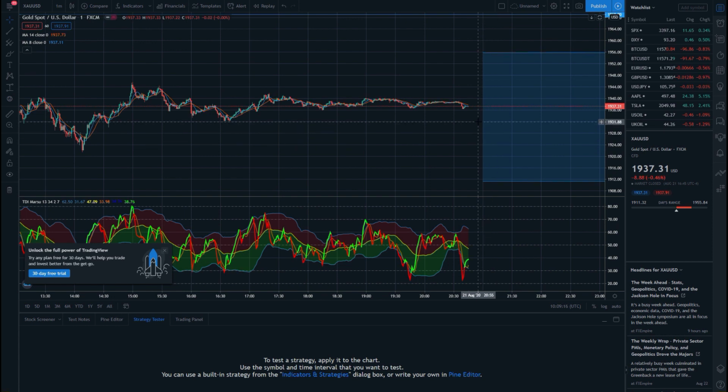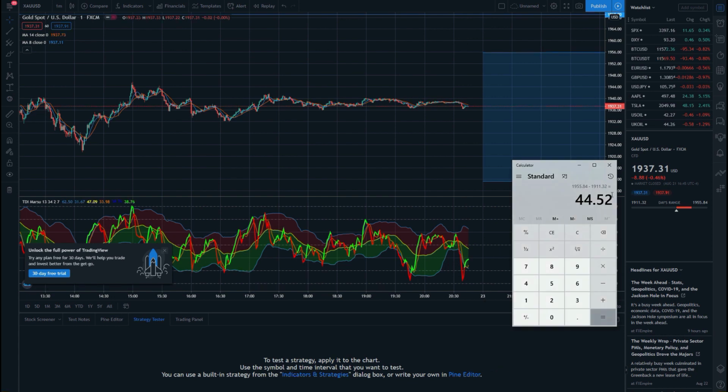So what I'm going to show you here is, you have the day's range. I want you to half it, just approximate. Half it would give you 44.52, then you half it by 2, you should get 22.26.